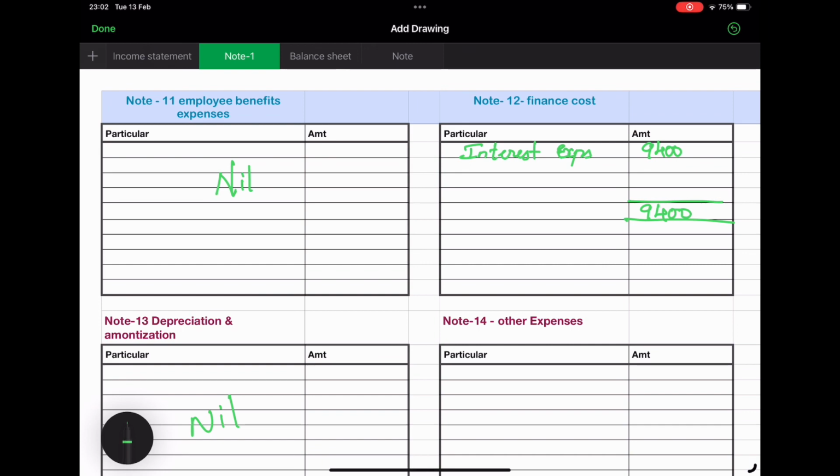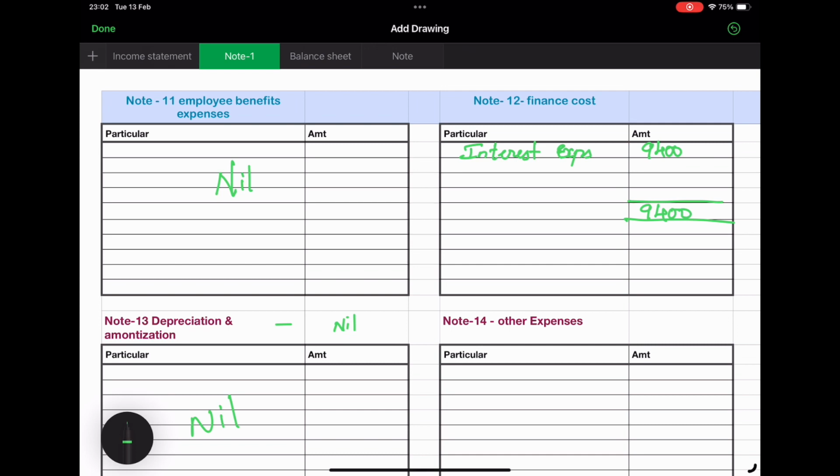Okay, write the note number, depreciation and amortization, note 13, then put a hyphen and mention it as nil. It takes 1 minute maximum, so write it and give nil because we have shown note 13, so the value we have to show as nil.